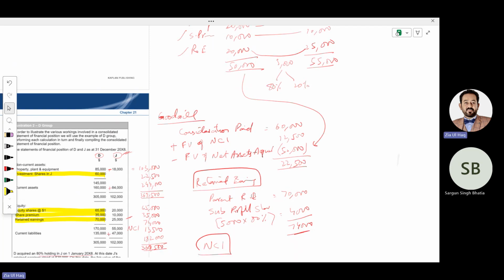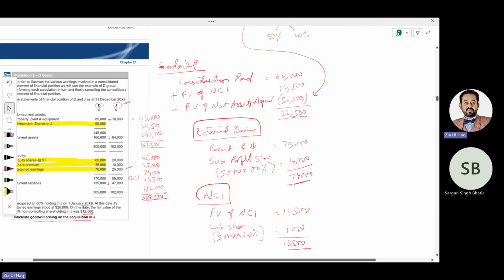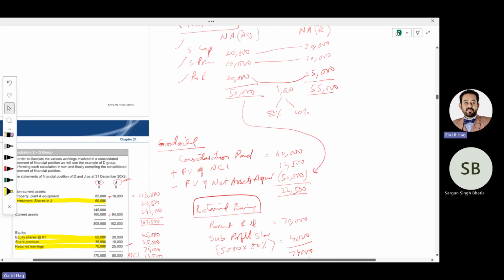We need to calculate consolidated retained earnings. Parent retained earnings, we need to add the profit share of the subsidiary. We can calculate the subsidiary's profit by comparing the retained earnings at acquisition and at year end.